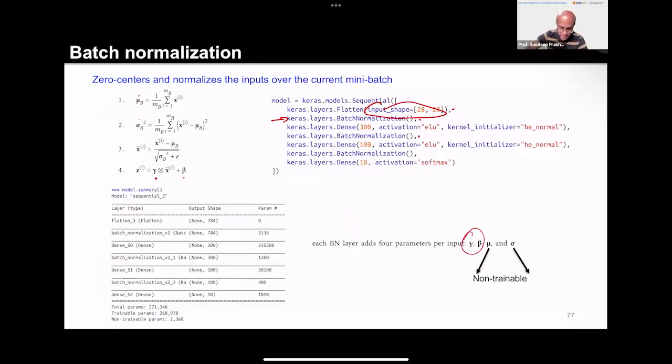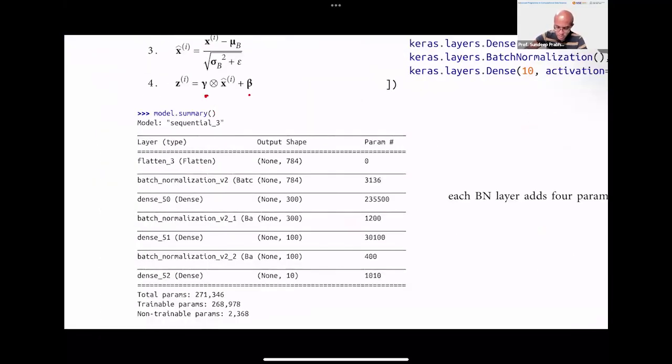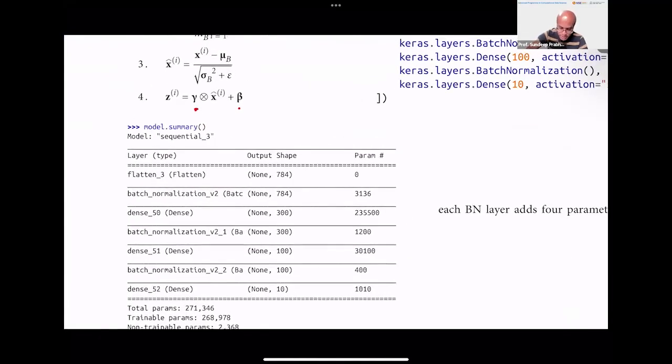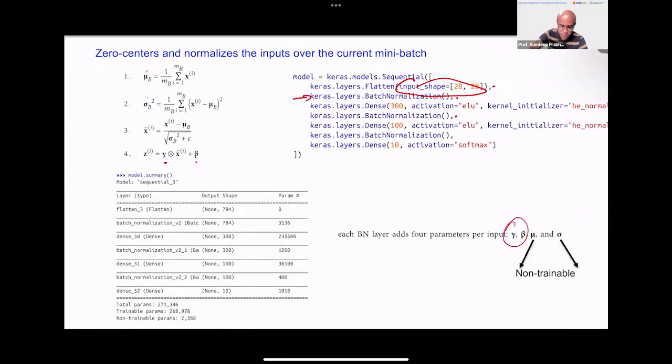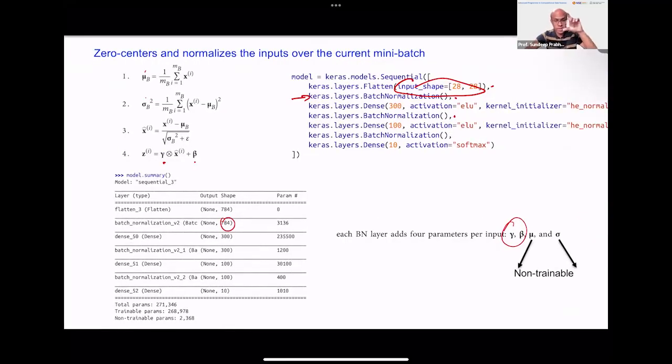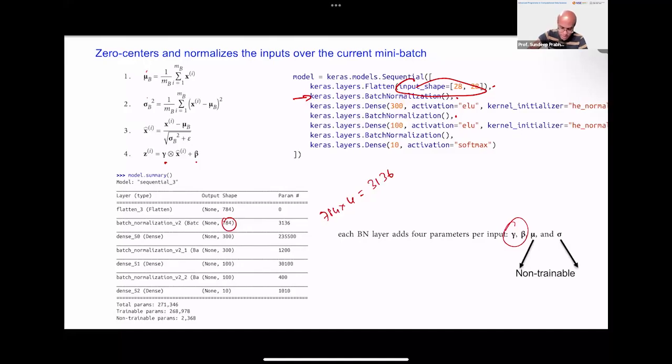Now if you look at the parameter count here in batch normalization, it is basically 784 for each of the 784 vector entries. You have 784 times 4 being the number of parameters, that is 3136, but then half of them are not trainable. Out of 4, only 2 of them are trainable. So that's why you see that the number of non-trainable parameters is those many, right?